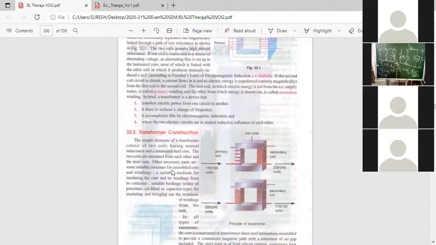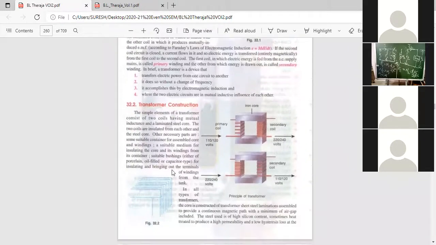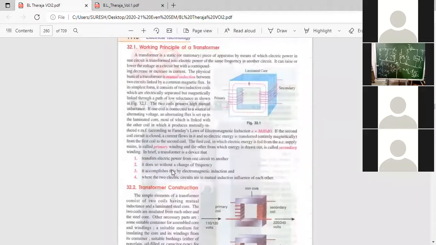Next we'll go to the transformer construction. See in the diagram here, this is the coil winding, red color, copper winding, primary coil and secondary coil. But one more name they are suggesting here. What is that name written here?